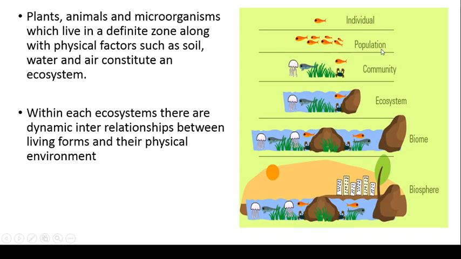Different species populations coming together in a particular area is called a community. A community situated in water or on land forms a particular ecosystem. When different ecosystems come together, they form a biome. These biomes together form the biosphere on the earth.